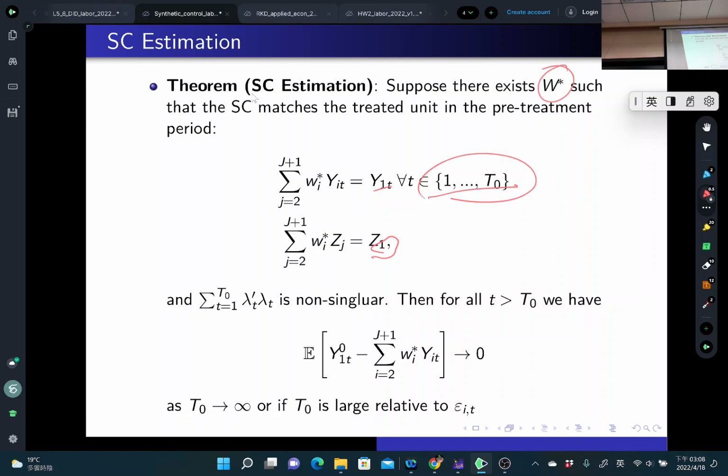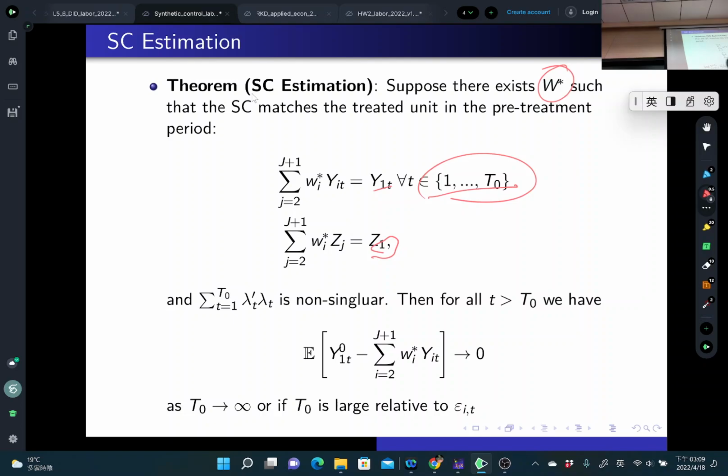If we can match a very long pre-treatment period, we capture the key unobserved characteristics over time and also observed characteristics. Then we can safely use this weighted average, the synthetic unit, to replace the treated unit's unobserved outcome, that is, the potential outcome without treatment for the treated unit 1.